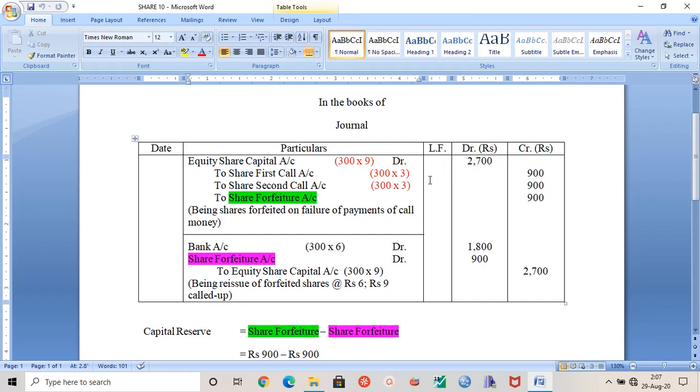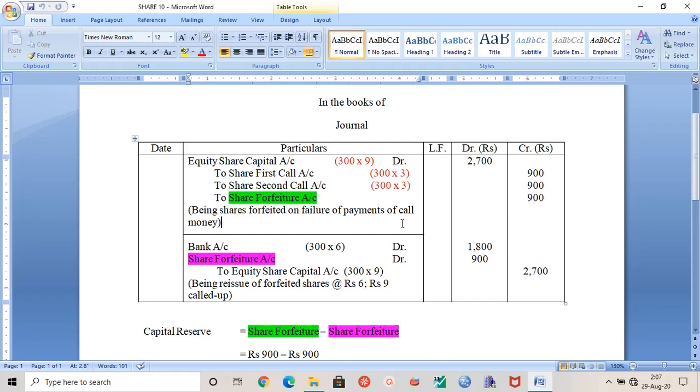After you write this 900 and 900, what will be the balance here? The balance should be 900. You have to do some plus and minus also, to match the debit and the credit items.